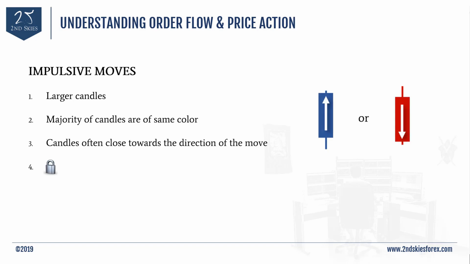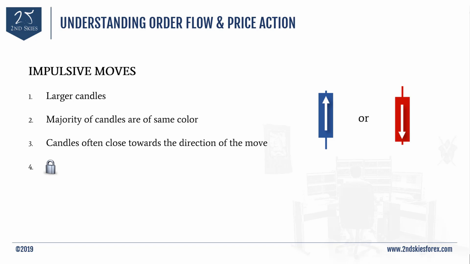The third characteristic of impulsive moves is that the closes of these candles tend to be towards the direction of the move. So if they're bullish, they tend to be towards the top, and if they're bearish, they tend to be at the bottom. Why is this an important characteristic to define the order flow in an impulsive move?